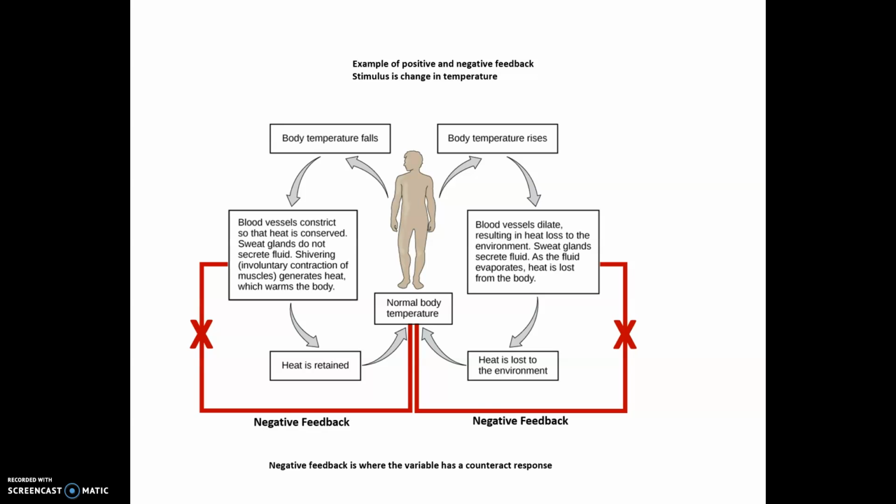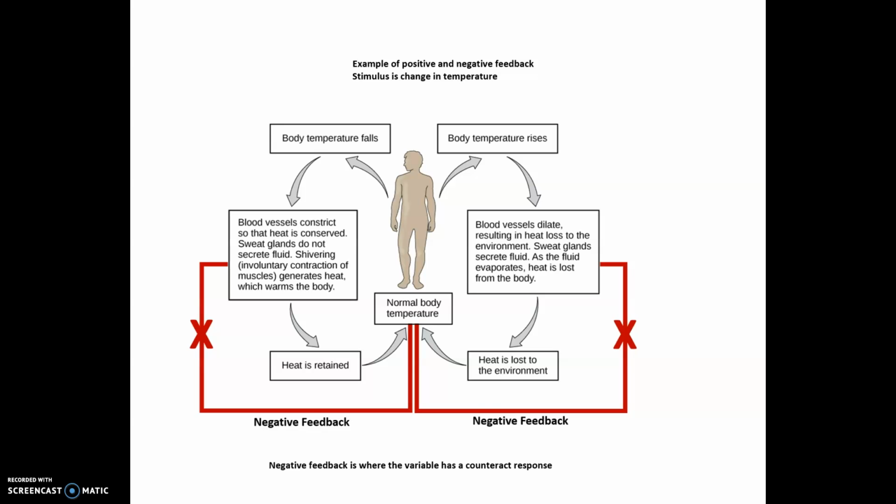If your body temperature falls, your blood vessels will contract, so the heat is conserved. The sweat glands do not create any fluids, so you do not sweat, and shivering occurs, which generates body heat and causes the body to warm up.